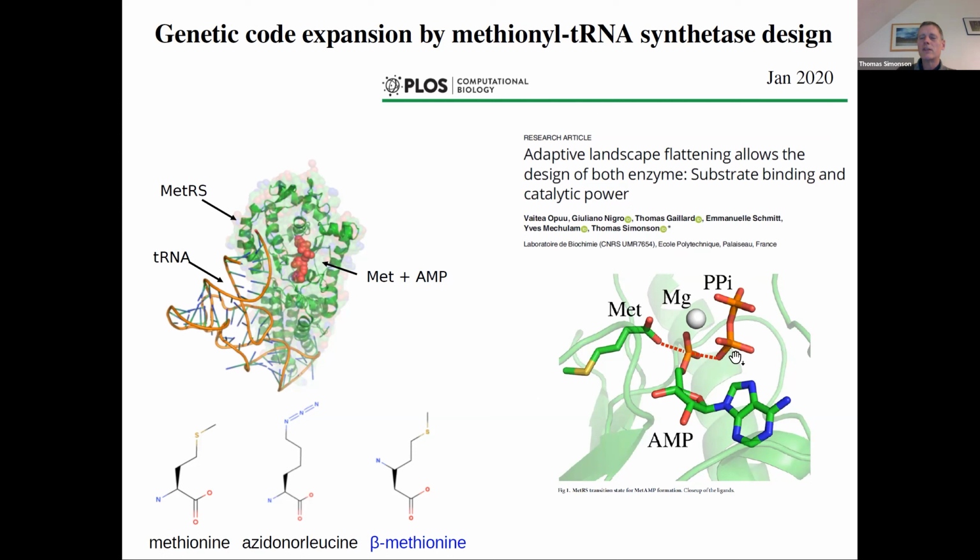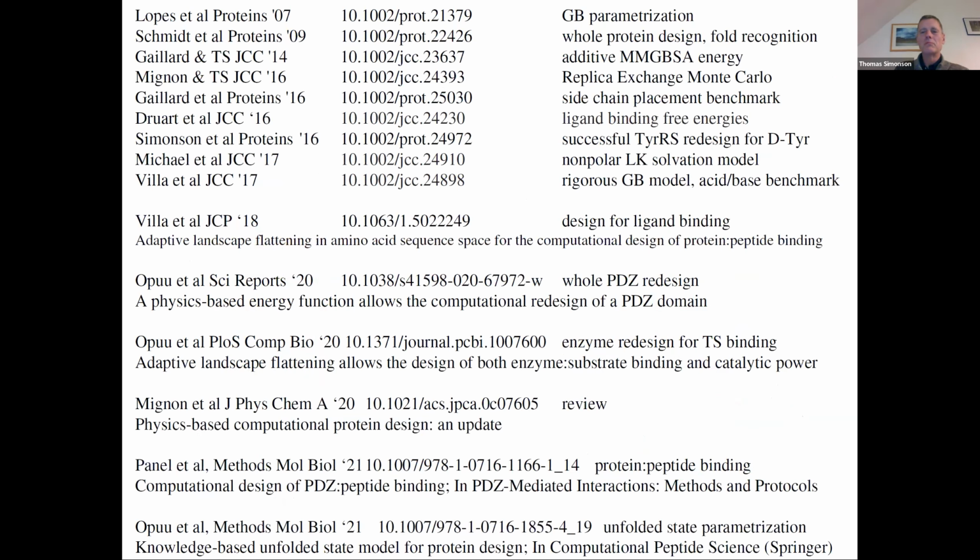We designed for transition state binding, not ground state binding. So in fact, the adaptive landscape flattening allows the design of an enzyme either for binding or for catalytic power, literally. So that's elegant and possibly important.